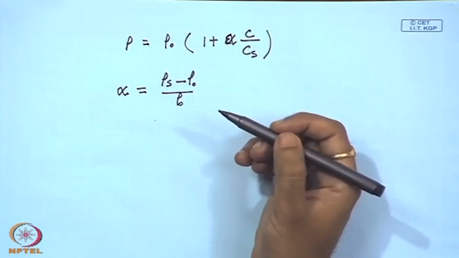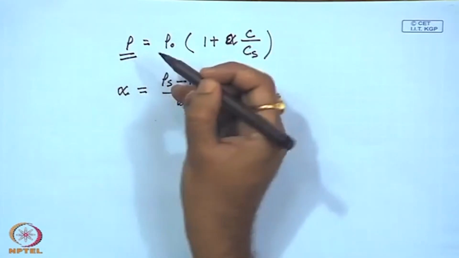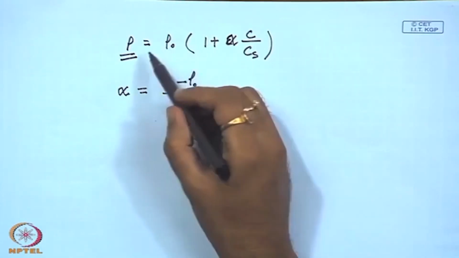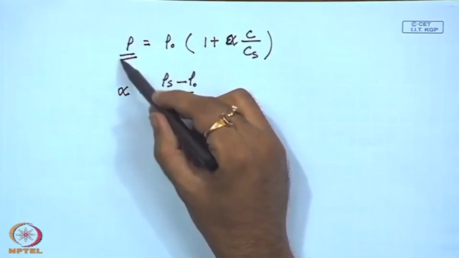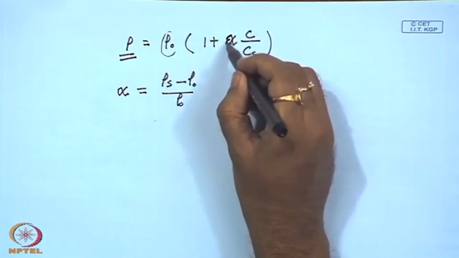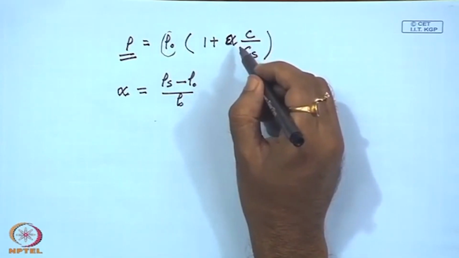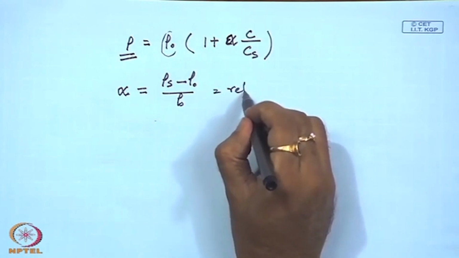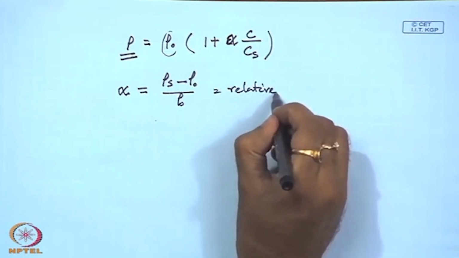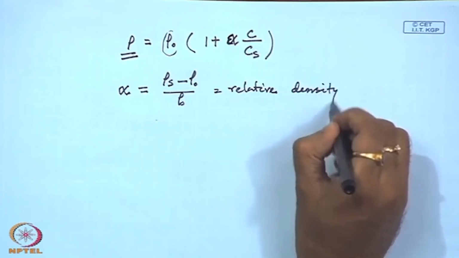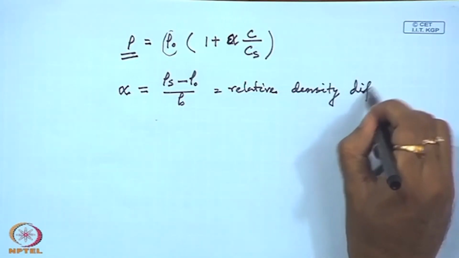Here rho is the density of groundwater, rho naught is the reference density, and alpha is the density ratio or relative density difference.